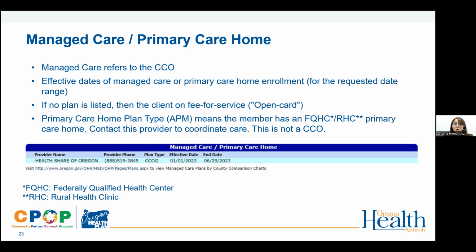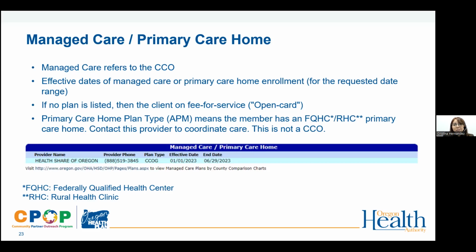And I know that when I've worked with providers who don't necessarily have somebody on staff that is super knowledgeable about OHP, they think, oh, that person's enrolled into Virginia Garcia CCO, and it's not a CCO, right? That's just the primary care home that the person is assigned to. That's just the primary care office that they see.